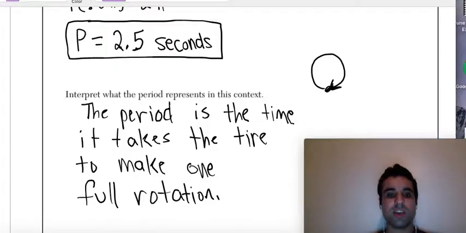The period is the time it takes the tire to make one full rotation, which is 2.5 seconds.